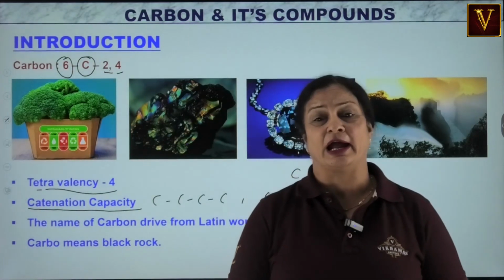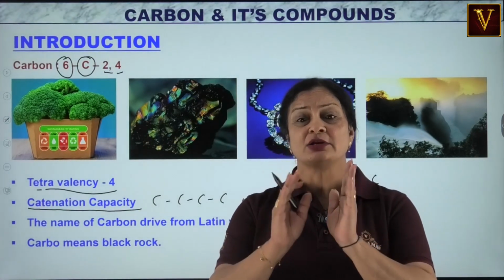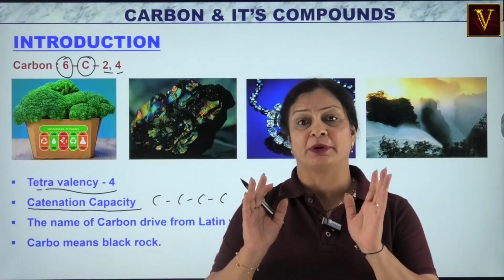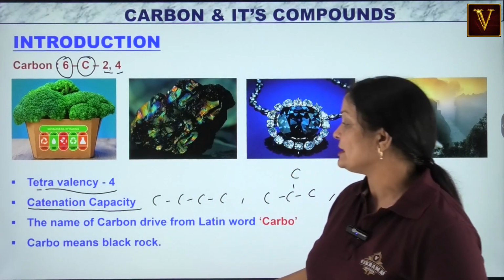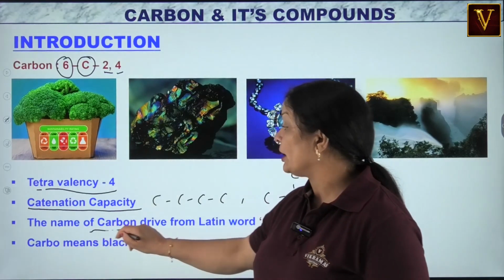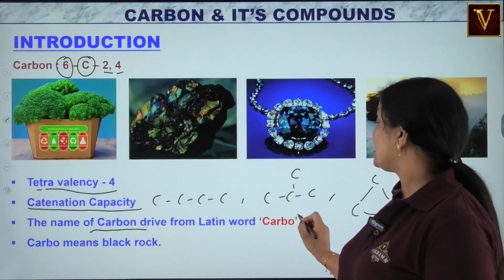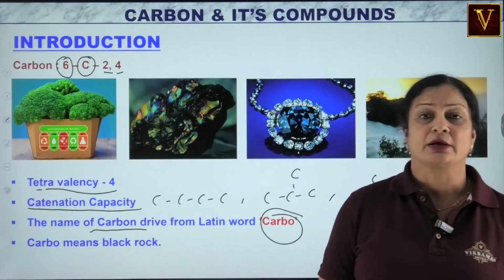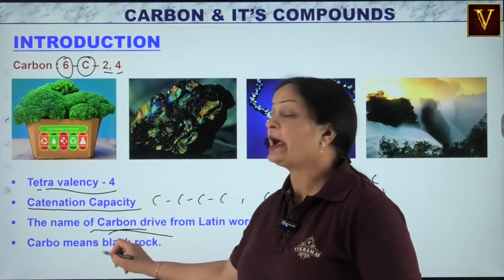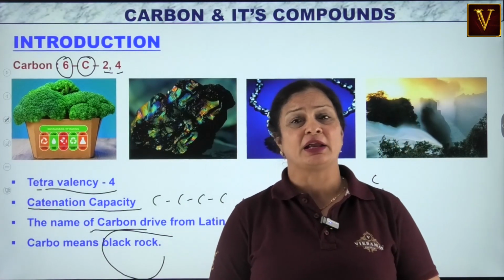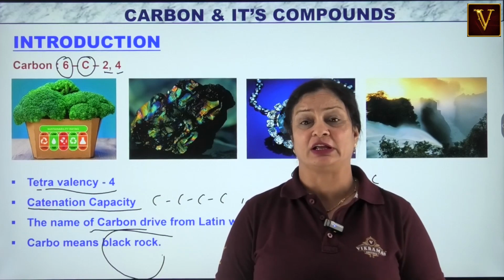Means with the help of carbon, we can join carbon atoms in different forms and form a number of compounds. The name carbon is derived from the Latin word carbo, and carbo means black rock.